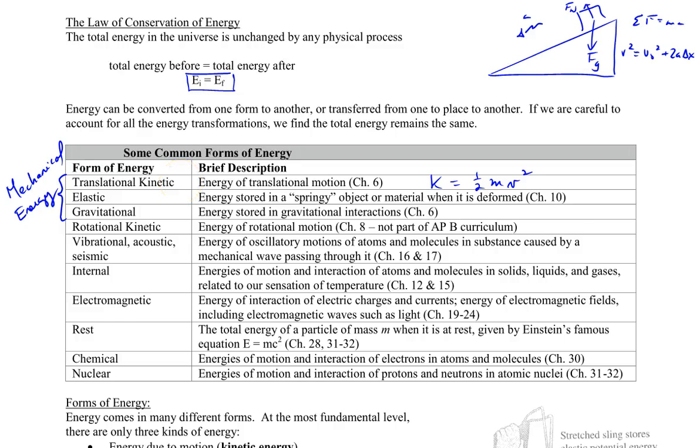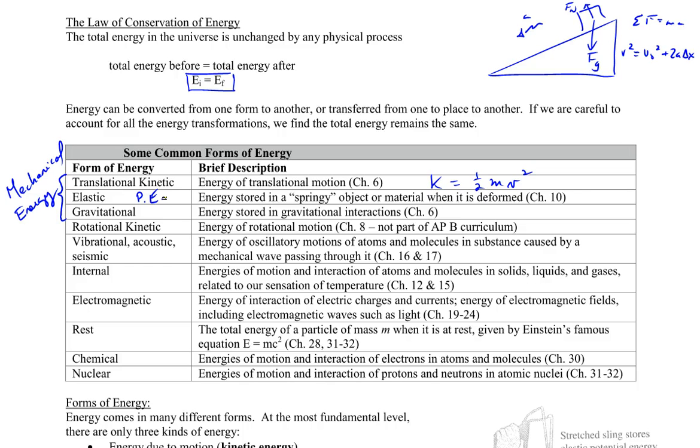Now there is another class of mechanical energy which does not relate to the motion of an object. It has to do with what we call stored energy. So potential energy, sometimes I abbreviate that as PE, is a stored energy.